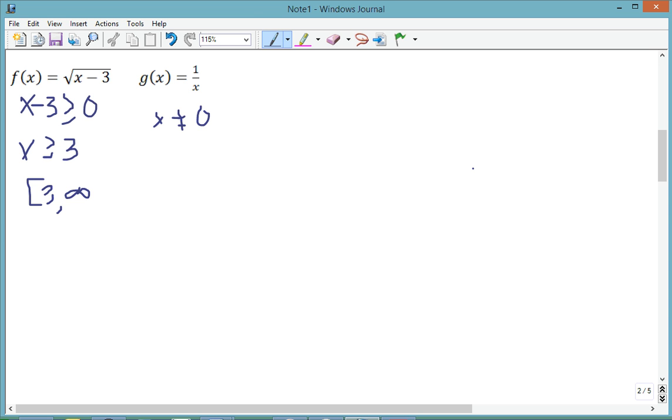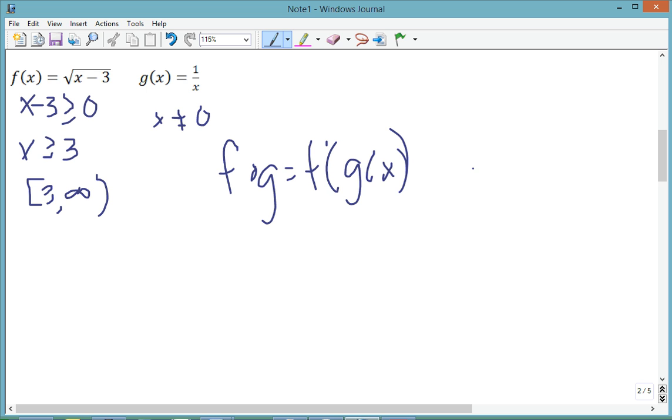Okay, so when we write f composed with g, which means f of g of x, the first thing I'm plugging into is g. I don't plug directly into f. It goes through g first. So even though f has this domain of 3 to infinity, that may not have anything to do with our final thing.